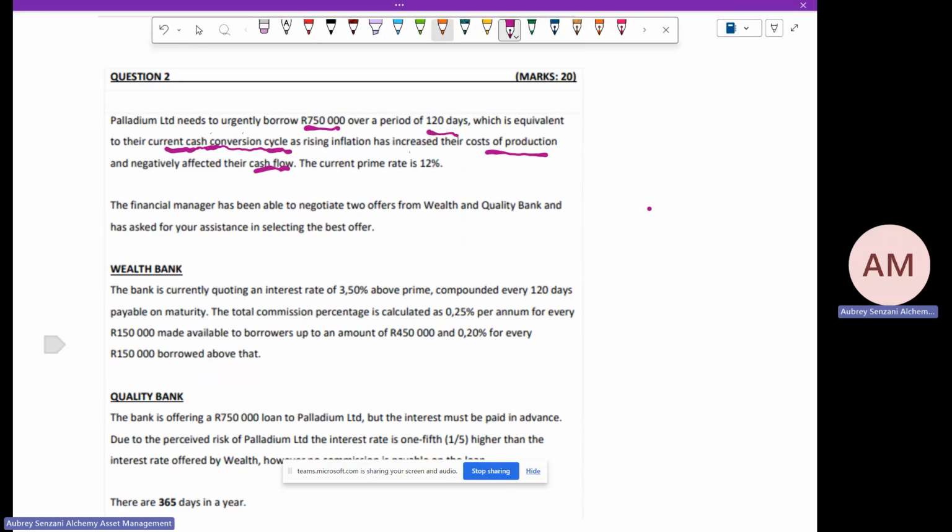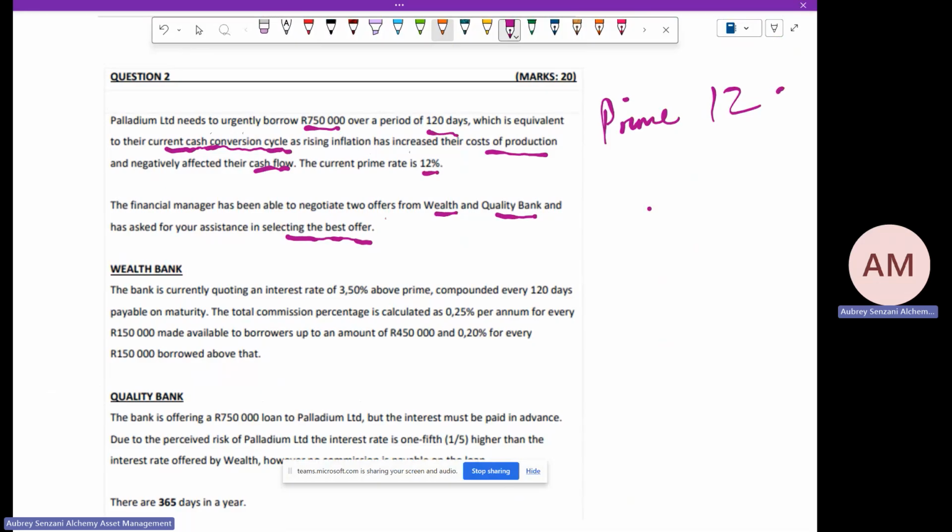Okay, so I think the inflation has negatively affected their cash flow is what they're trying to say. The current prime rate is 12%, so prime is 12. Then the financial manager has been able to negotiate 2 offers from Wealth and Quality Bank and has asked you to assist in selecting the best offer.